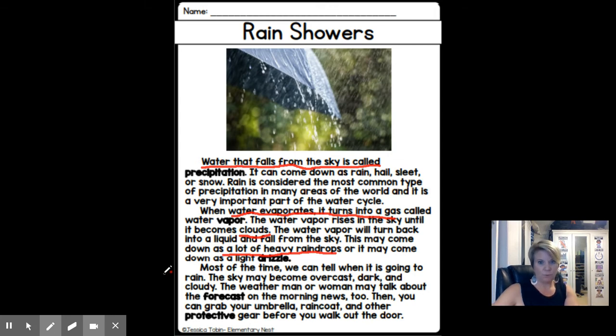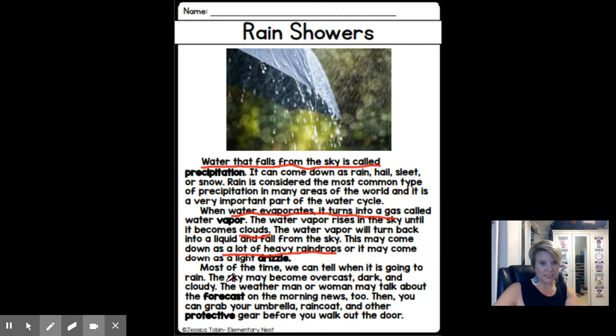Most of the time, we can tell when it is going to rain. The sky may become overcast, dark, and cloudy. Okay, well, guess what? Overcast is a word that I don't know. It is not bold, but since I don't know what that word means, I'm going to use the context clues around it to see if I can figure out what it means.